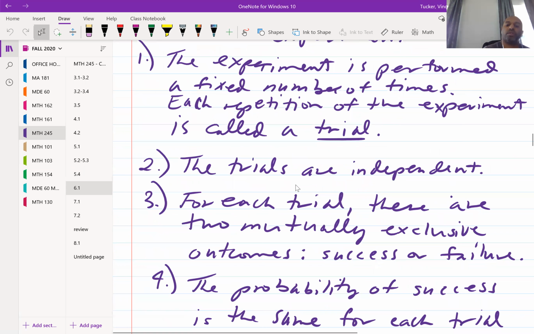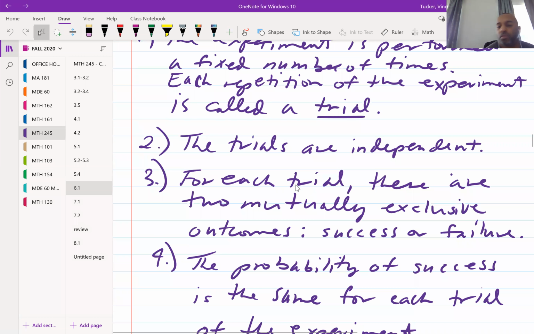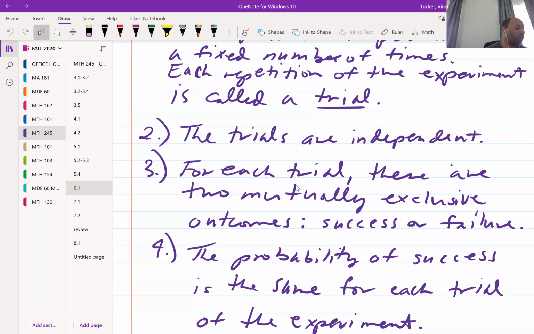And number 4, the probability of success is the same for each trial of the experiment.